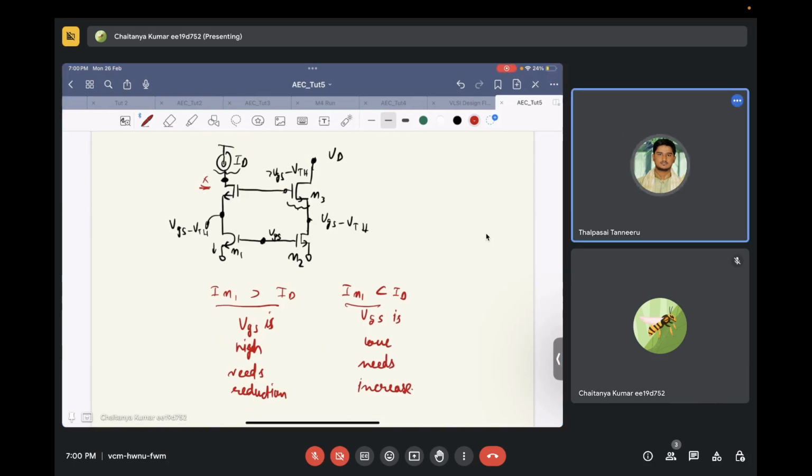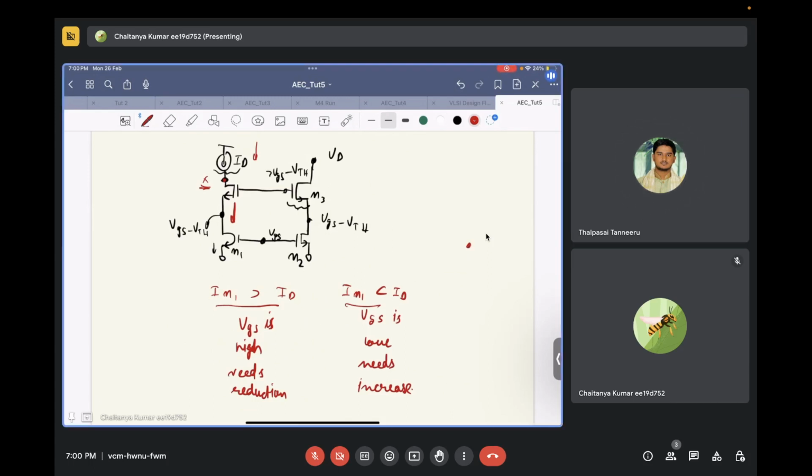IM1 is this current, which is being pulled out of node X, and ID is this current, which is being injected into node X. If the current being pulled out of a particular node is lesser than the current being injected into that node, then what will happen to the voltage of that node? It will increase, sir. I'm not getting a clear picture, sir. I'm writing down the equation.